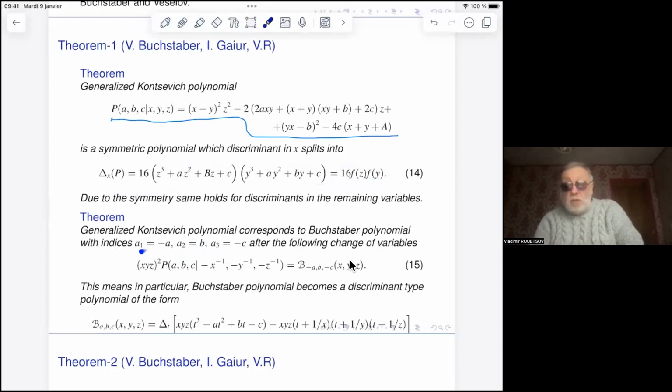Then up to this square factor, we have explicitly the Buchstaber polynomial with parameters minus a, minus b, and minus c.